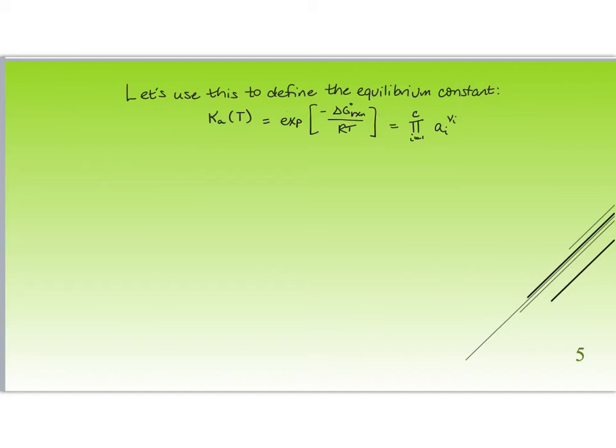And again, just for emphasis, we know that this is specifically where delta G of reaction is the sum of the nu i's times delta G of formation for all of my species, and this is at 25 degrees C and 1 bar. So what we'd like to do next is look at an example and see how we can apply this.